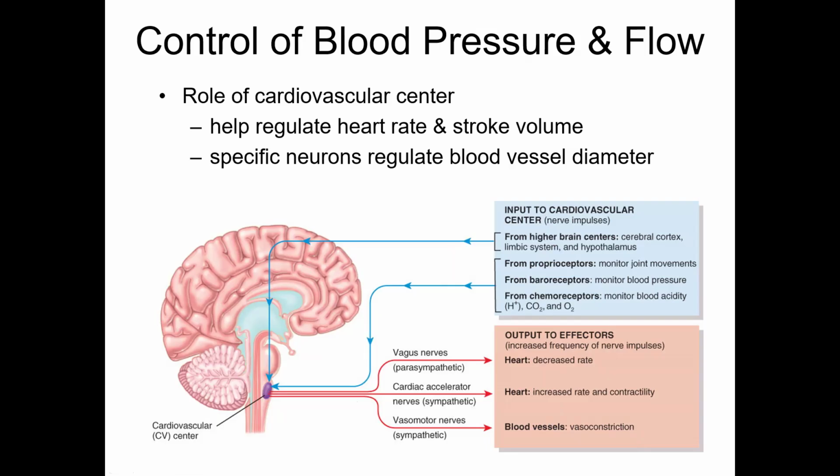Activation of our sympathetic division of our nervous system comes with higher heart rate and increased cardiac output, and also increased blood pressure. When the need to maintain high blood pressure is removed, let's say we are no longer in fight or flight response mode, the cardiovascular center starts sending more nerve impulses through the vagus nerve.